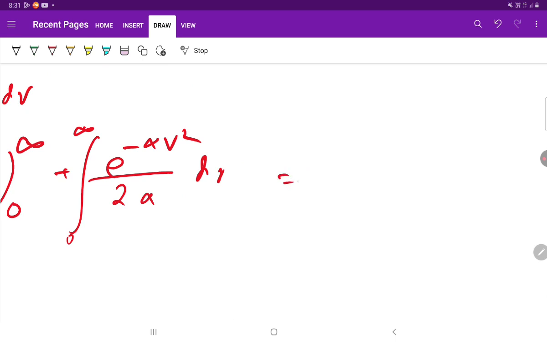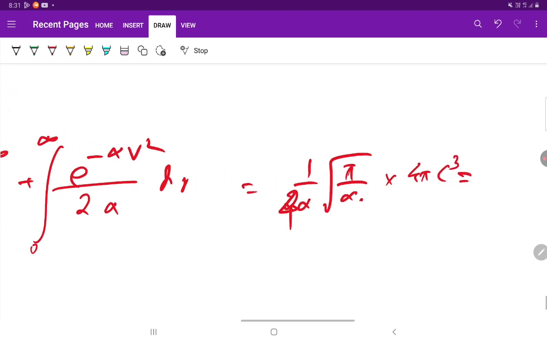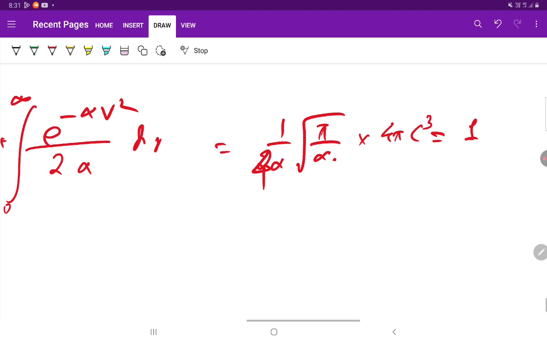Final result you will get 1 by 2 alpha root pi by alpha. Another factor of 2 will be there, so it will be 1 by 4 alpha root pi by alpha into 4 pi c cube is equal to 1. So cancelling these 4s, I'll get c is equal to root of alpha by pi, where alpha is equal to m by 2kT.